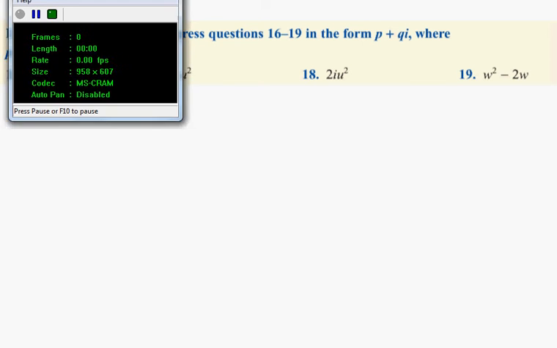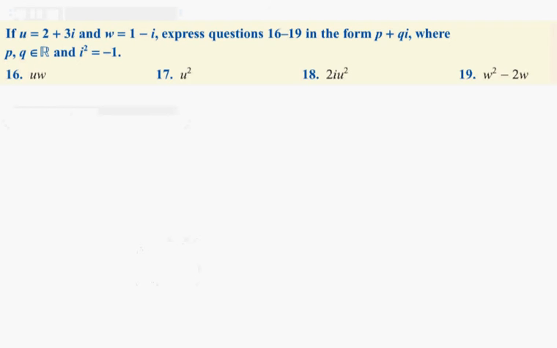Here guys is question 18 on exercise 1.4. So what we're going to get here is 2i multiplied by u squared.